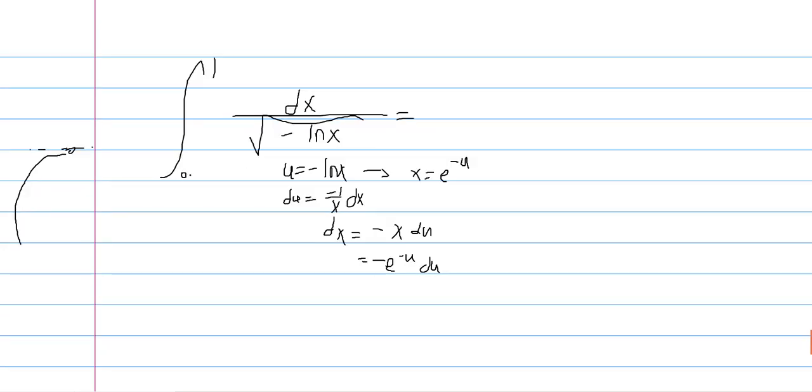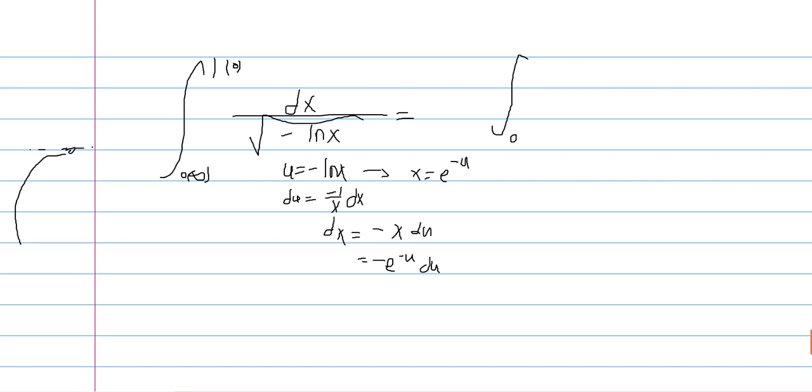Okay. And then our boundaries: as x goes to 0, u will be the negative of negative infinity, which is infinity. So here we'll have infinity, and here we'll have 0. Well, we don't like going backwards, so we can use this negative here to flip the integral.